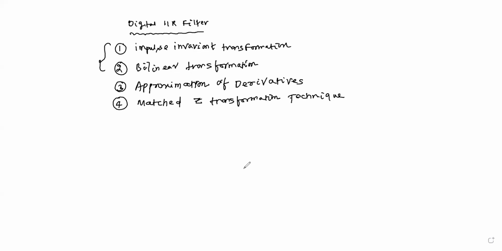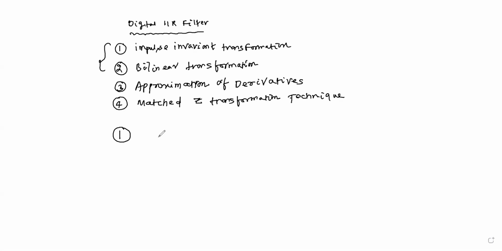Okay, now when you convert an analog filter to a digital filter, what are the important things you have to take care of? That is very, very important. The first thing is that the filter must be stable, yes or not? Stable means when you are converting analog to digital, you are mapping analog to digital.